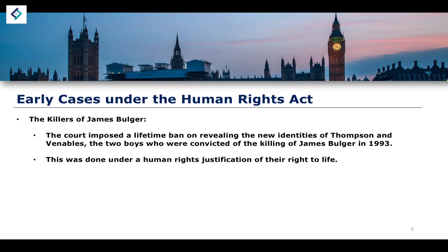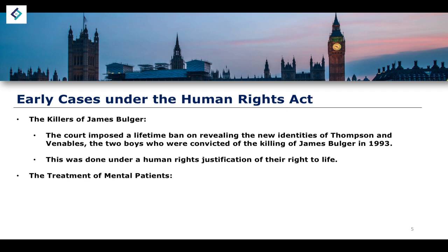This was done under the human rights justification that they had a right to life under the Human Rights Act, and the actual revealing of their new identities to the public would threaten their right to life, given the severe and, in some cases, quite hostile opinions towards these two individuals. So that's one of the earliest cases that relates to the Human Rights Act.